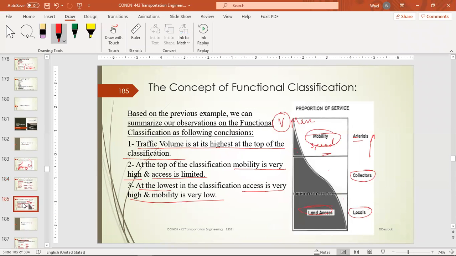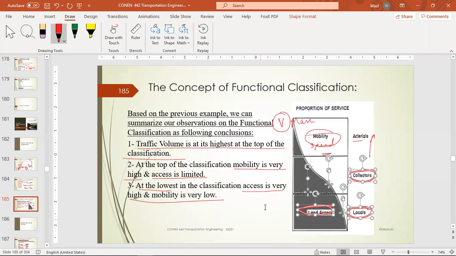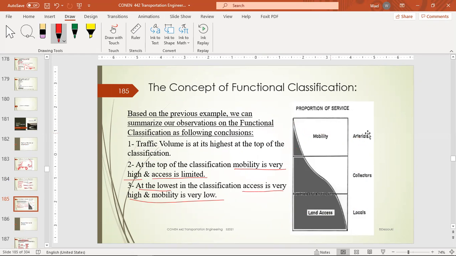So that leads us to this point. This point means that for the class of the facility, there is a relationship between mobility and land accessibility. For high class, like arterials and highways, the mobility is high, but the accessibility is low.